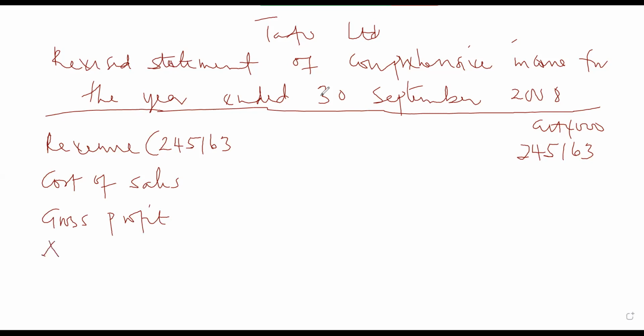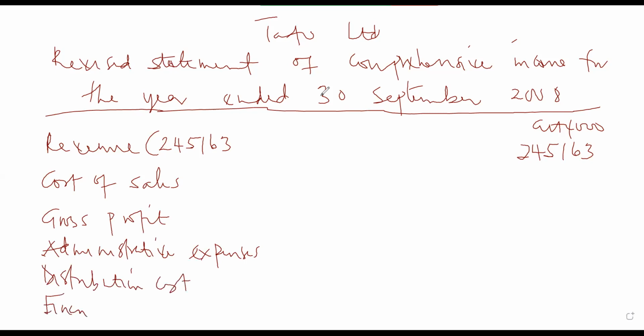Then you can put your administrative expenses. Then you count your distribution cost. Then you count your finance cost. Though finance cost is not in the question, you can put it there. If there's nothing over there, then you put dash.